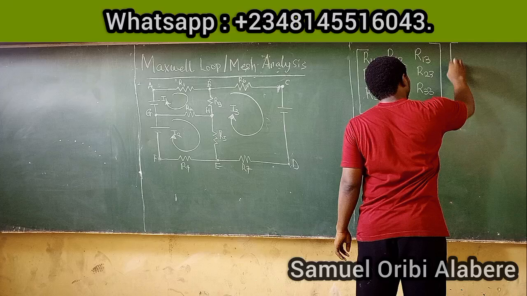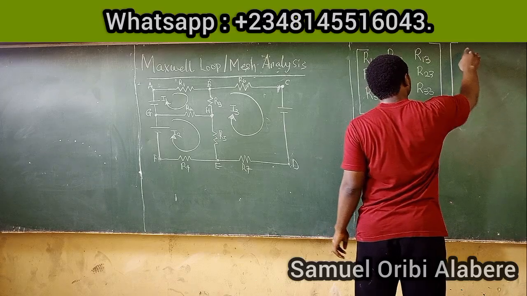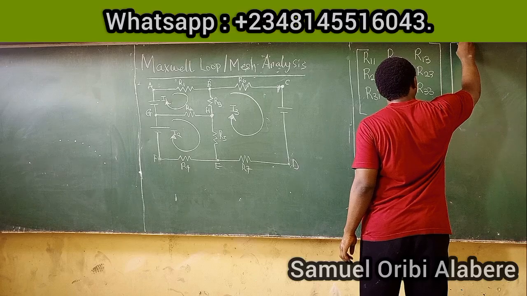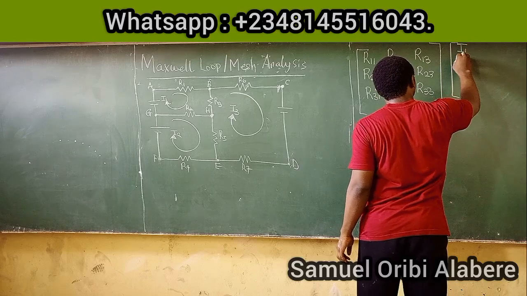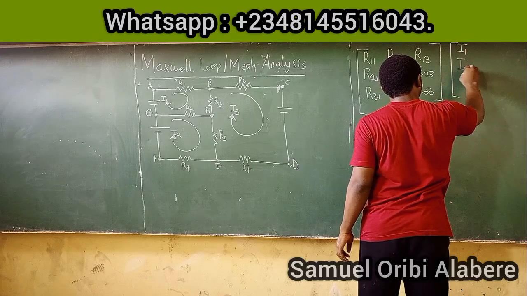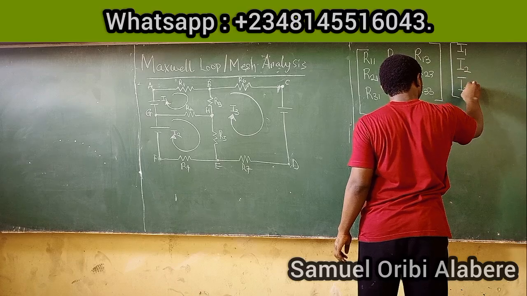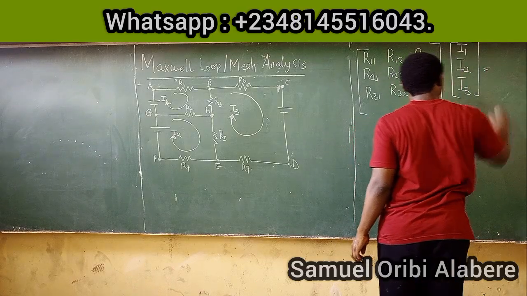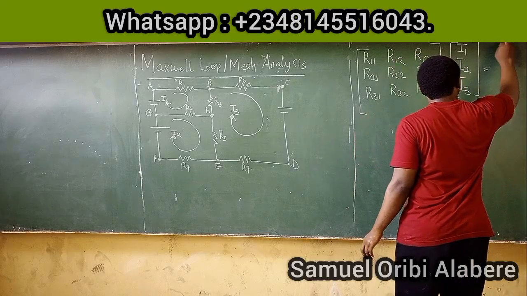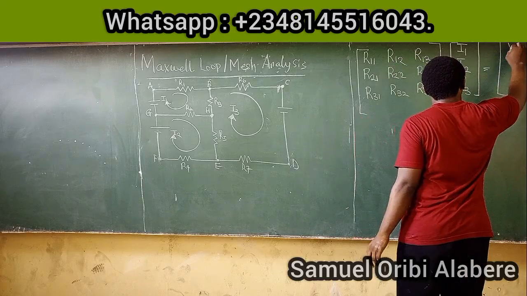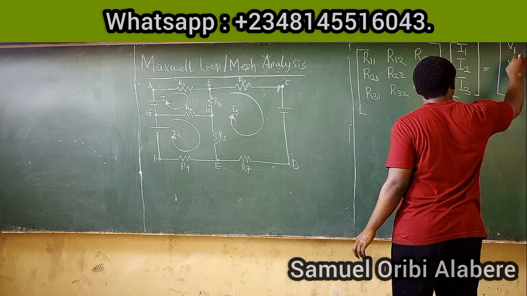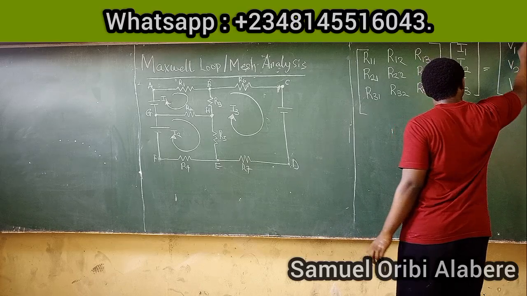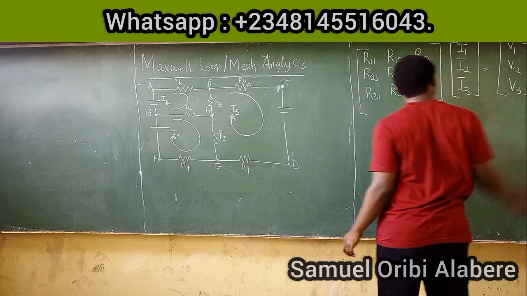So now on this side, we will have a value of current, which is I1, I2, and then I3, all in brackets, which is then equal to V1, V2, V3, all in brackets.